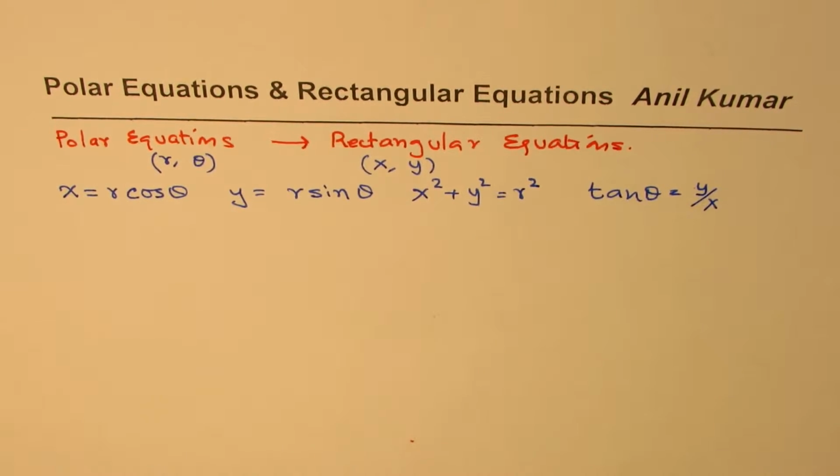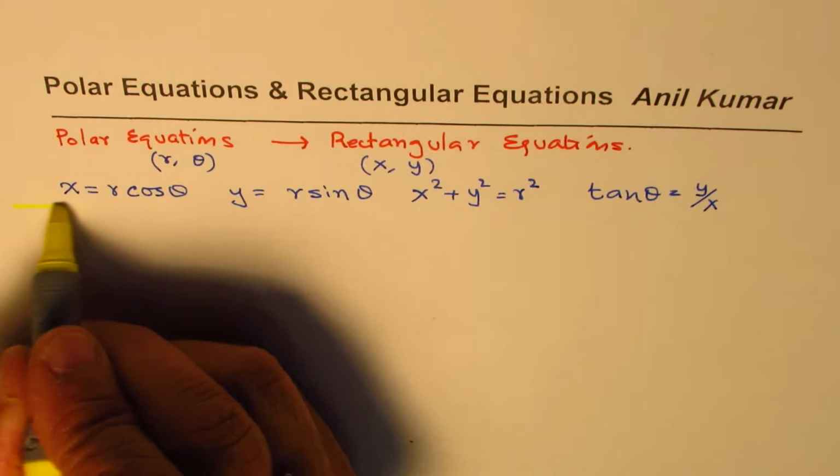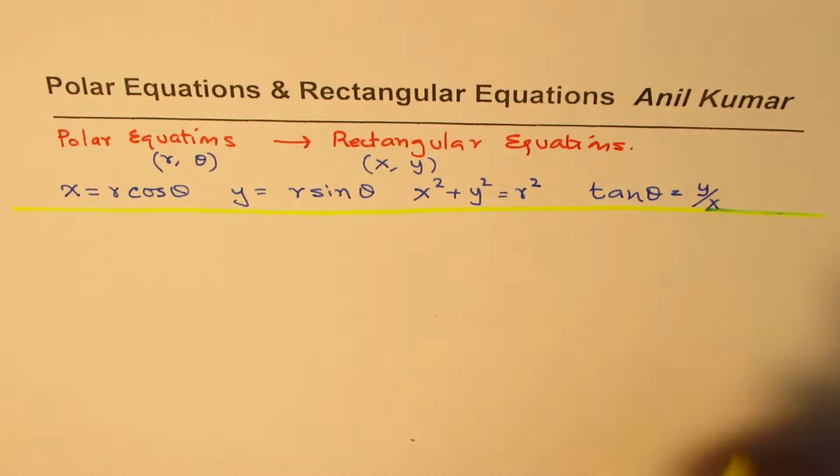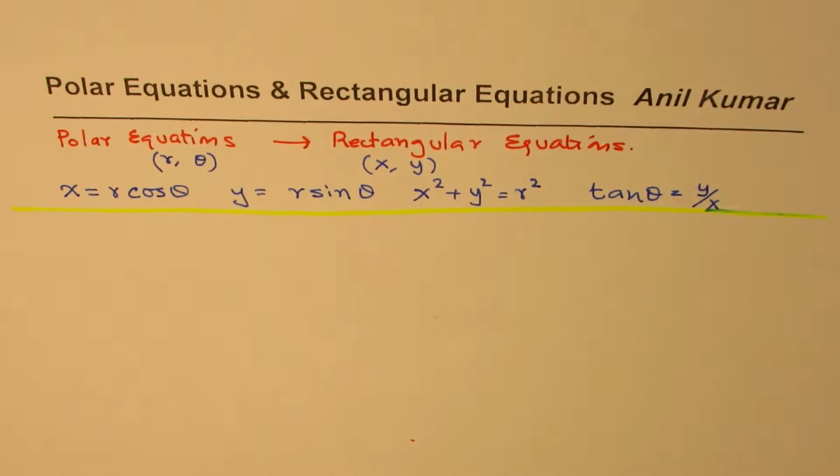Is that okay? So these are a few basic things which we are going to utilize for converting polar equations to rectangular equations, right? At times we may apply some trigonometric formulas to work around, since polar equations are in terms of r and theta, so trigonometry is kind of the best way to simplify our equations, correct?